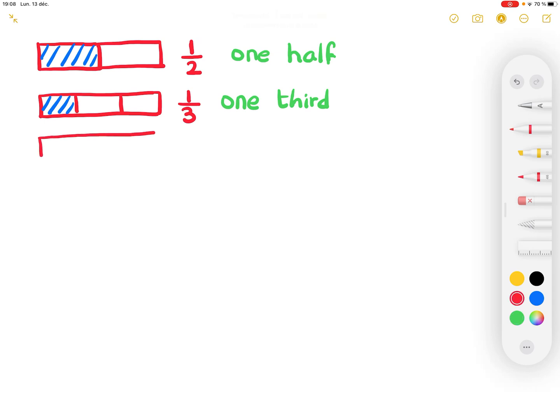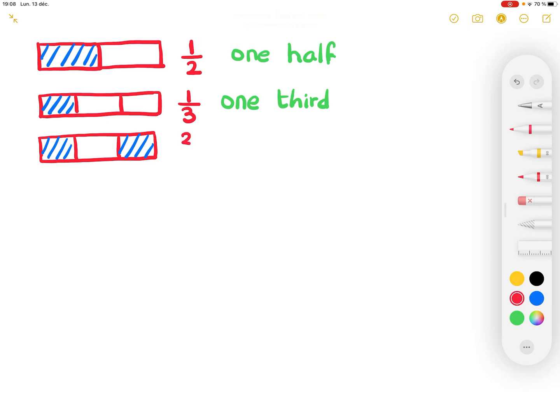I have the same rectangle. I divide it into three parts. This time I shade one part, two parts.